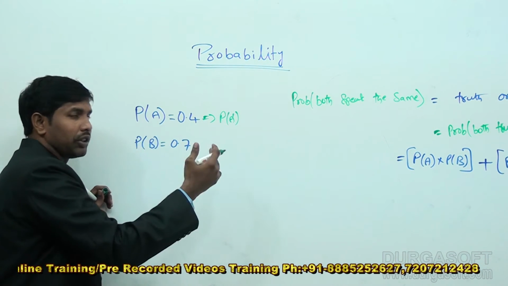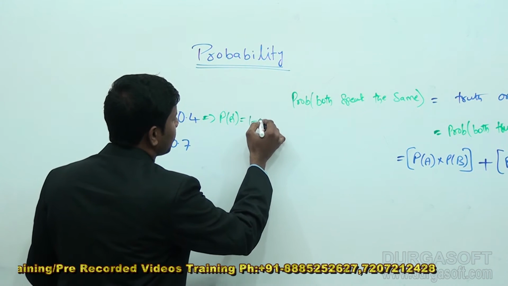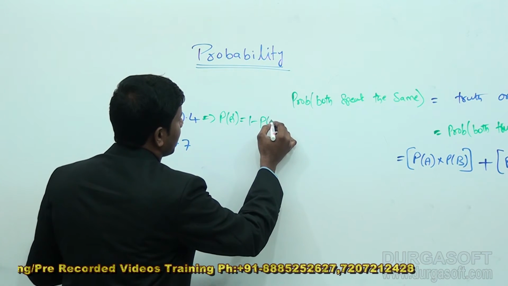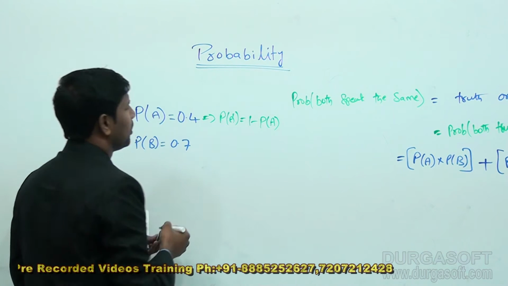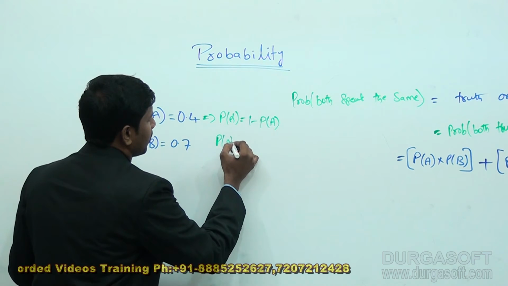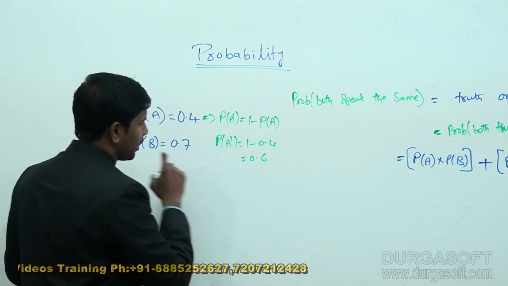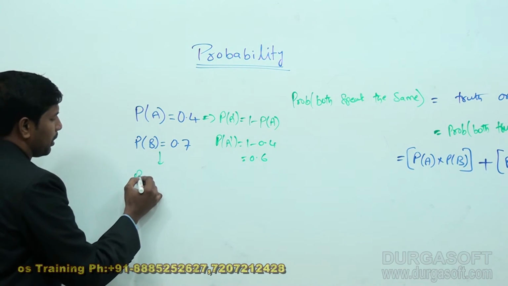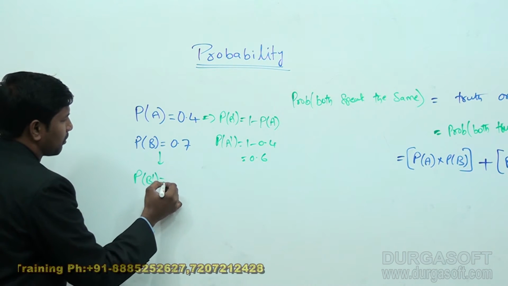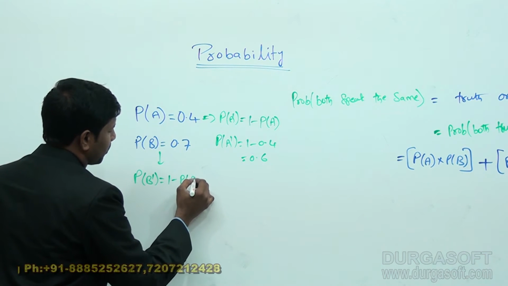So when we know that for two mutually exclusive events, the probability of one event is equal to 1 minus the probability of the other event, in this way you can calculate the probability of A dash is equal to 1 minus 0.4, which is 0.6. Now coming to B, the probability of B speaking false is equal to 1 minus the probability of B speaking true.